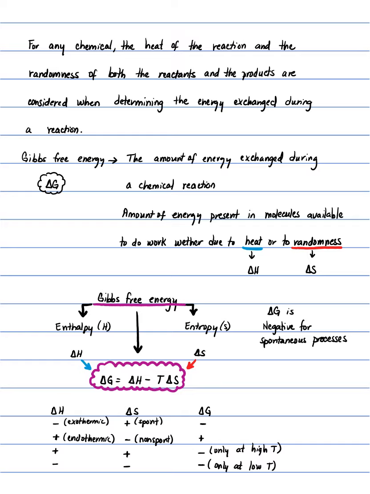It has to absorb energy in order for that process to actually happen. For the delta S, you have a negative sign in that second row. So positive delta H, endothermic, requires energy. Negative delta S means that whatever is happening is becoming more organized.